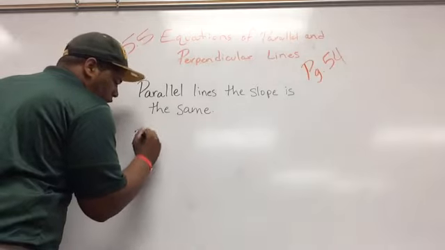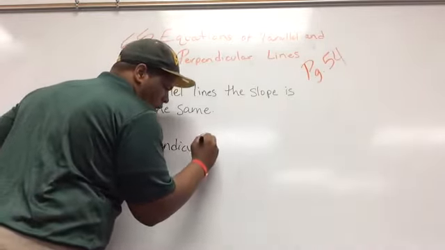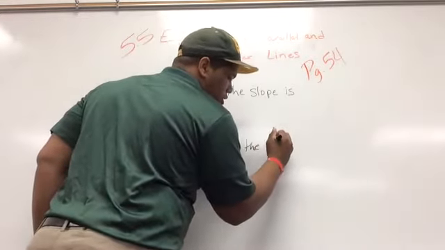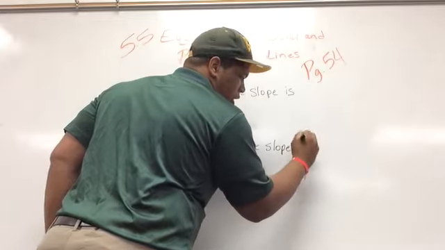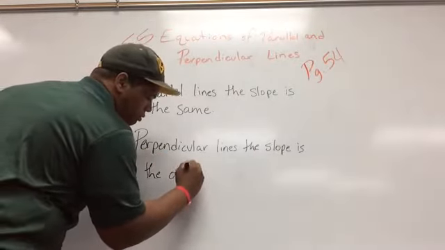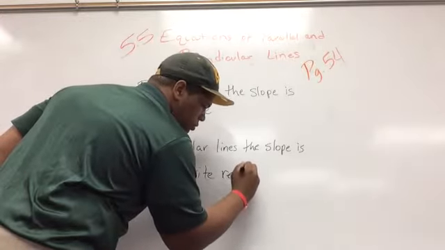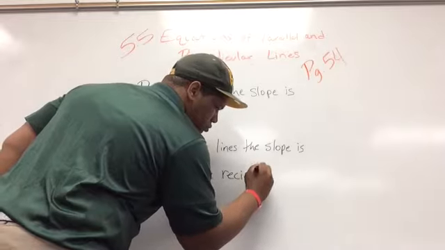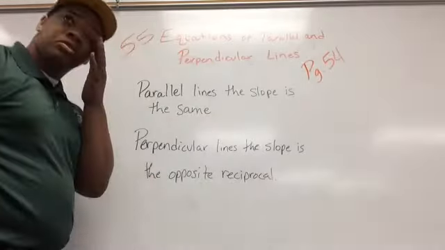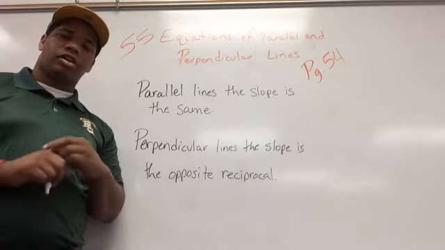For perpendicular lines, the slope is the opposite reciprocal. And we're going to go deeper into what opposite reciprocal means later on in this video.